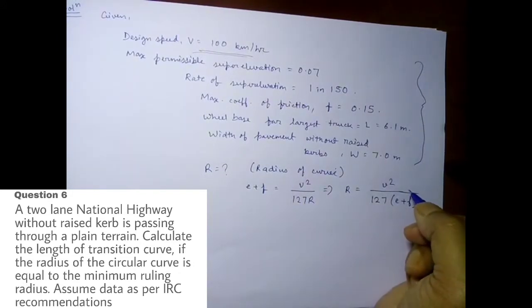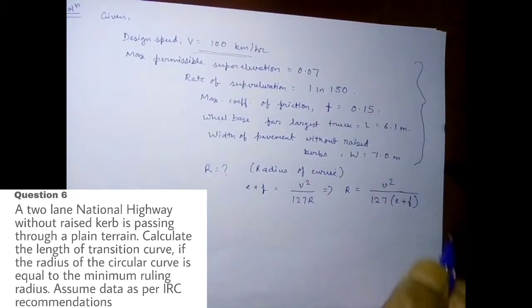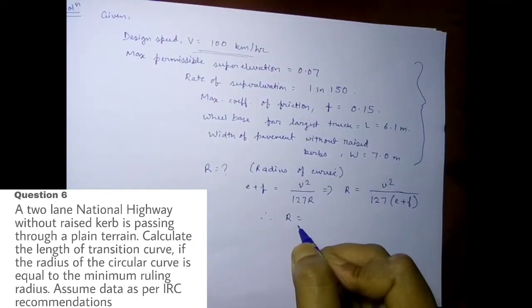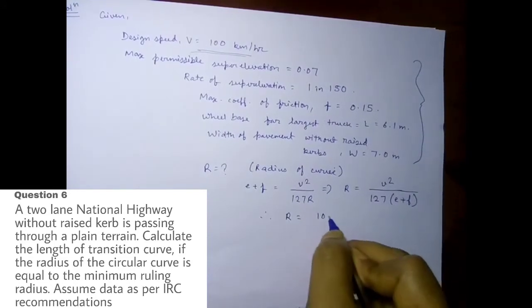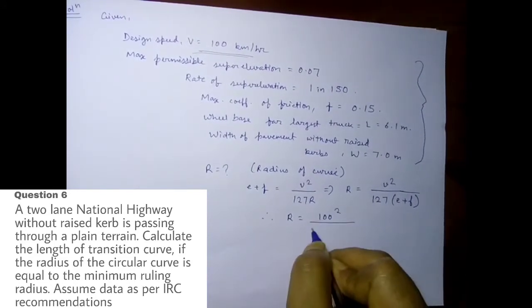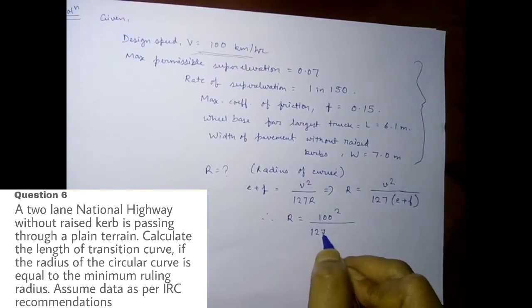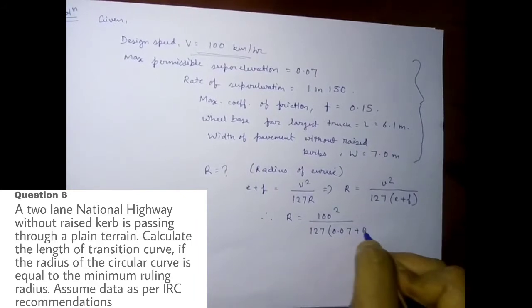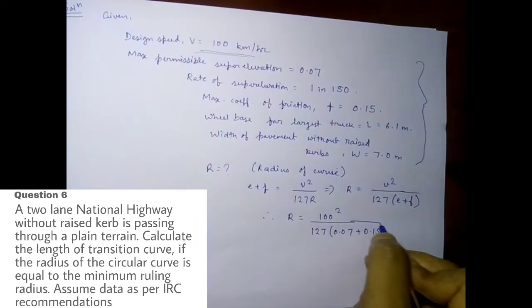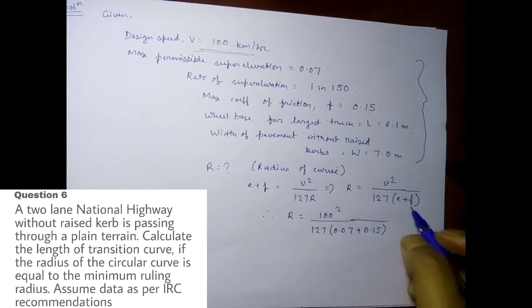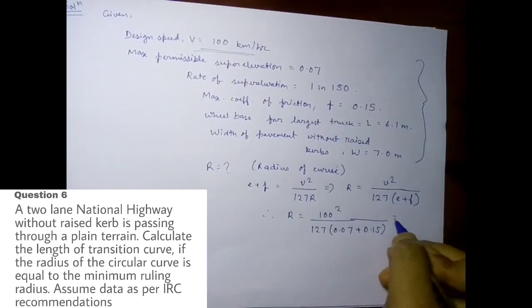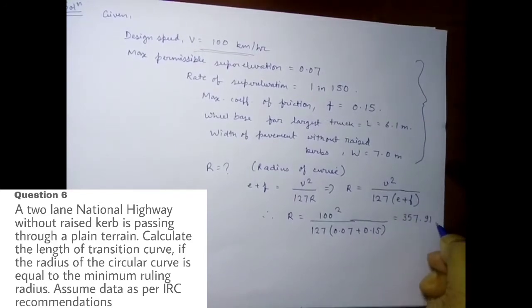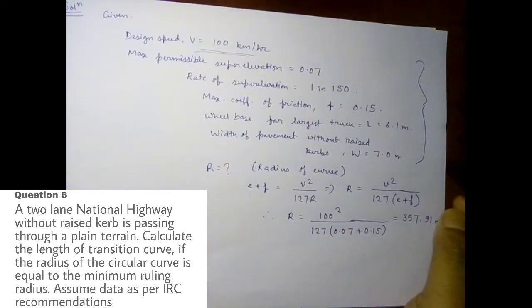Alright, so therefore R will be equal to 100 square upon 127 into (0.07 plus 0.15). So that is equal to 357.91 meters.